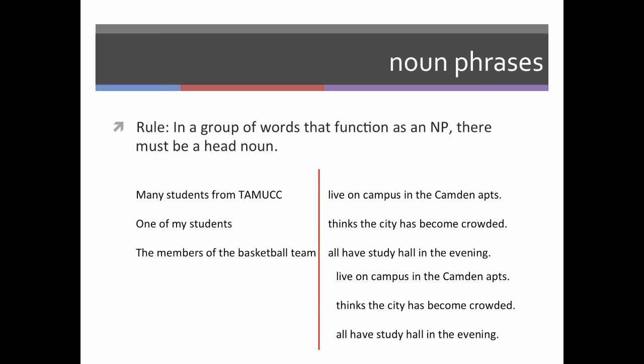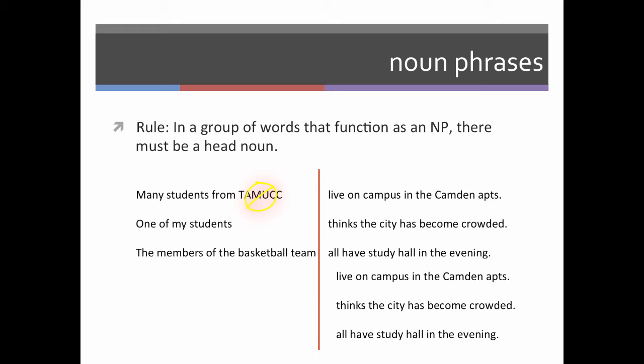So again, in a group of words that functions as a noun phrase, there must be a head noun. So the head noun is the main noun of the noun phrase. So if you look at many students from TAMU-CC, we have a noun students and we have another noun TAMU-CC. However, TAMU-CC is in the prepositional phrase from TAMU-CC. Therefore, from TAMU-CC is not the head noun, rather students is the head noun.